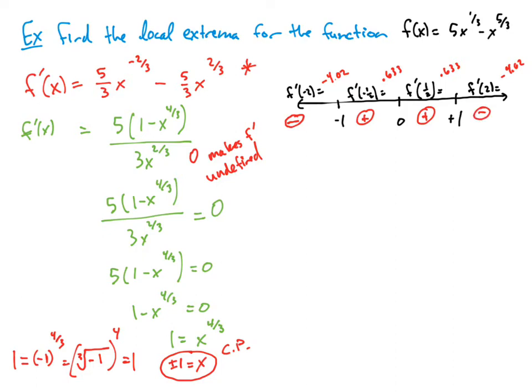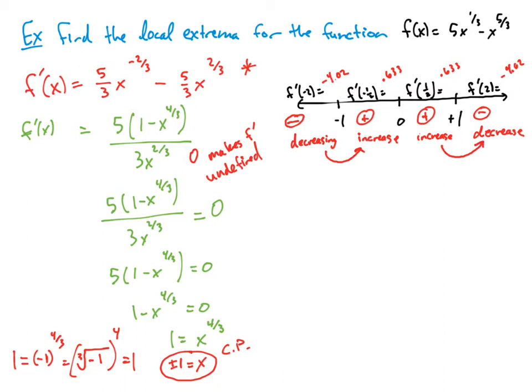Deciphering that, we're decreasing in the first interval, increasing here, increasing still, and then decreasing. Remember, anytime the sign changes, that's when we're going to have a local extremum. So we have two sign changes. We go from decreasing to increasing at negative 1. Then we go from increasing to decreasing at positive 1.